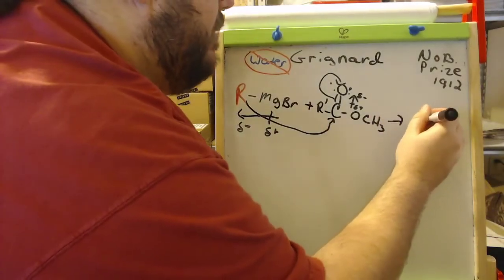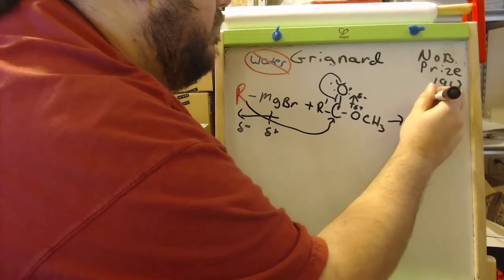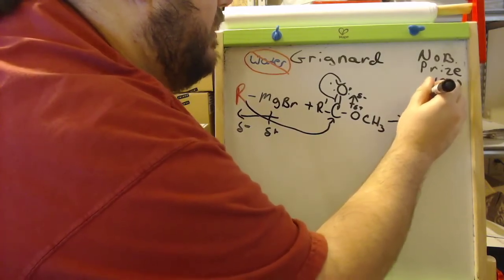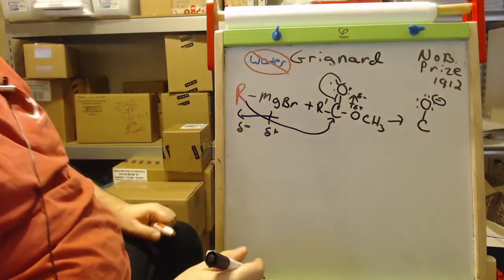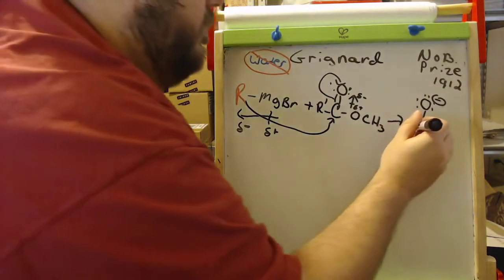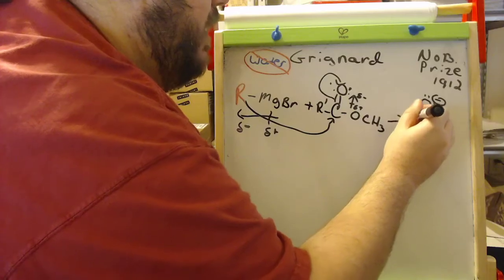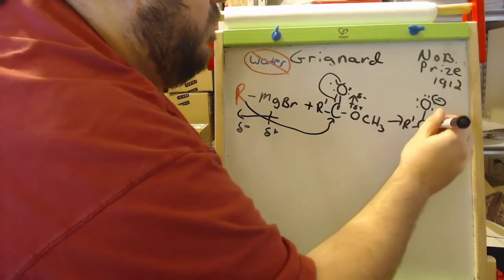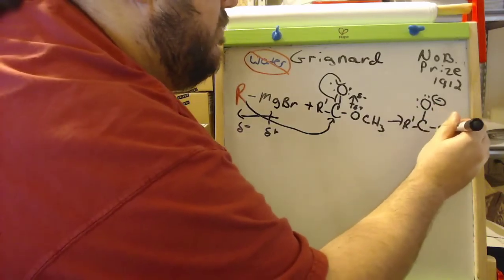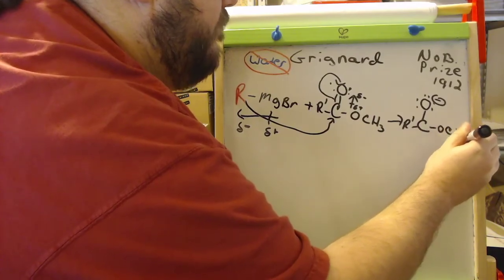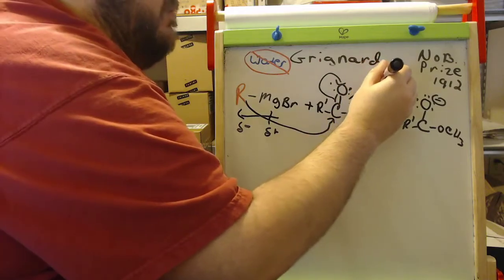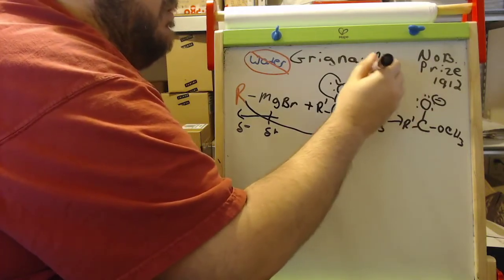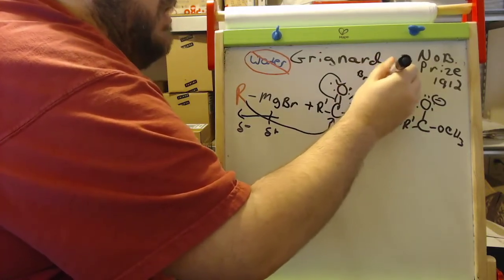I've got my carbonyl carbon, which is now bound to the oxo anion, just like always. I've got my R prime, and I've got my OCH3. Now, of course, again, I have my magnesium bromide hanging out up here, positively charged.